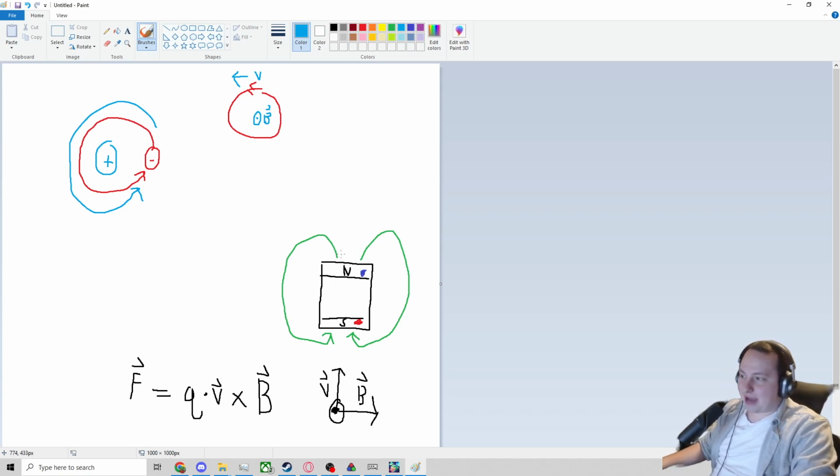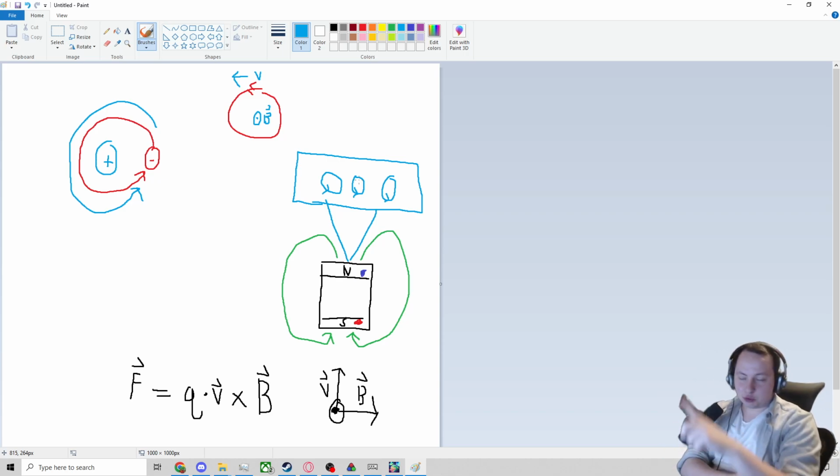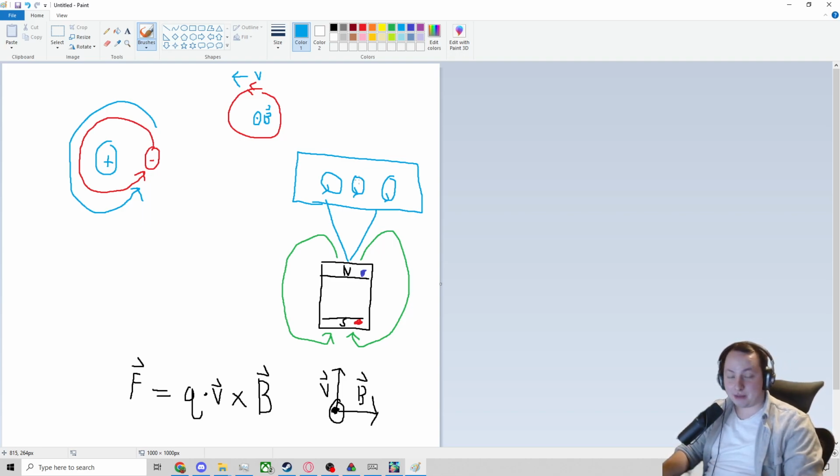So what happens in this magnet is, if I were to zoom in, we have a bunch of particles aligned here that are basically all spinning in the same direction, which causes a macroscopic magnetic field to exist. The whole reason why, in physics, we didn't know anything about magnetic or electric fields was because you needed a lot of atoms spinning in the same direction to make a magnetic field. So when all of them are aligned like this, you get that.